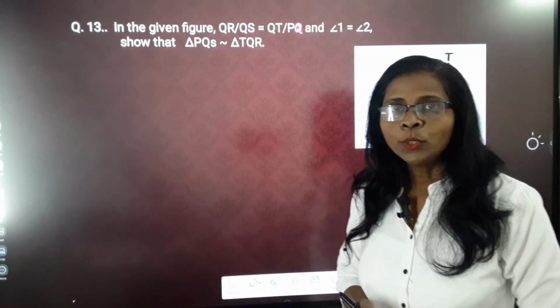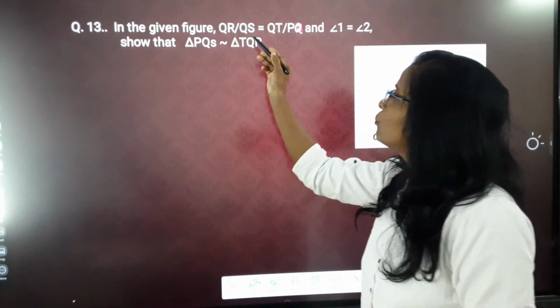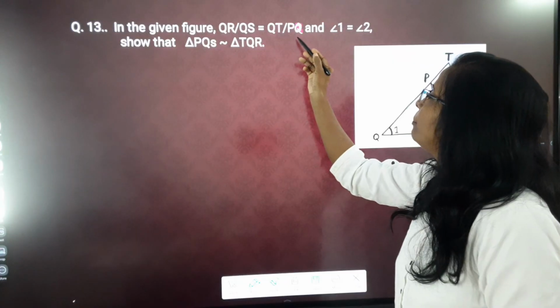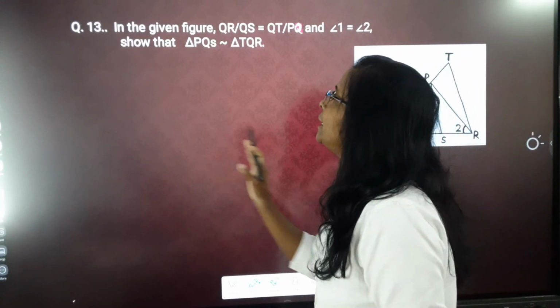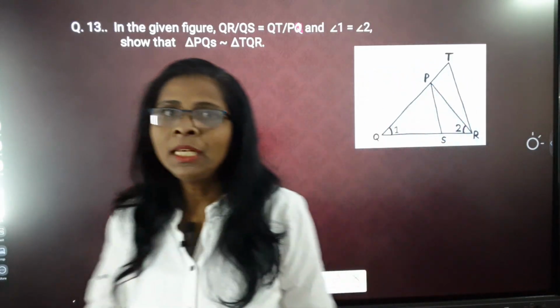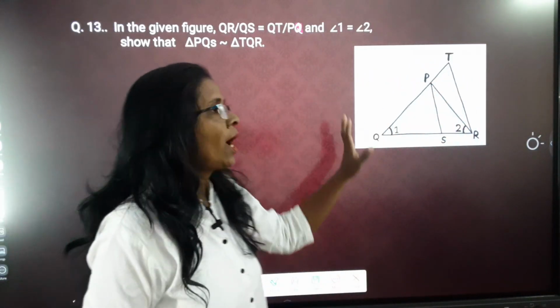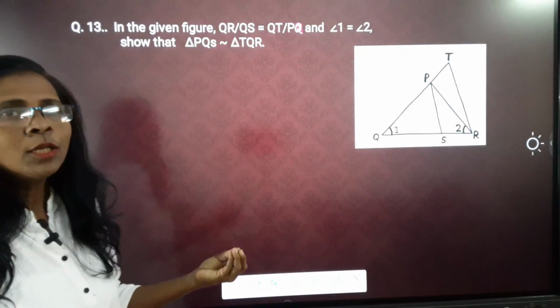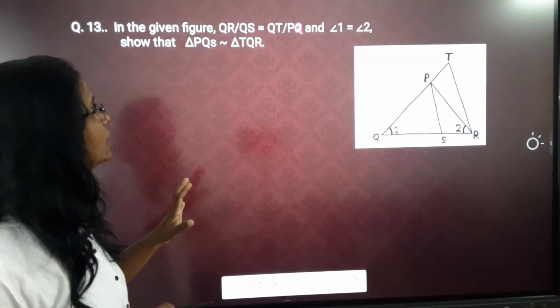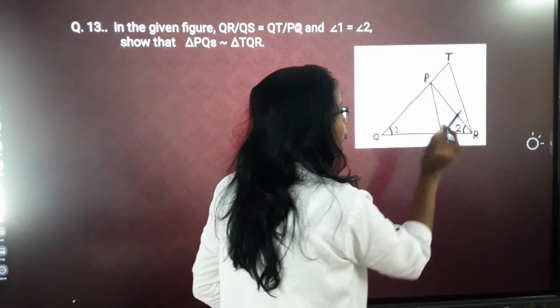Next example students, in the given figure QR upon QS is equal to QT upon PQ, and angle 1 is equal to angle 2, and we have to show that triangle PQS is similar to triangle TQR. So first students will observe the figure, which part is given and what we have to prove. The first part is angle 1 is congruent to angle 2.